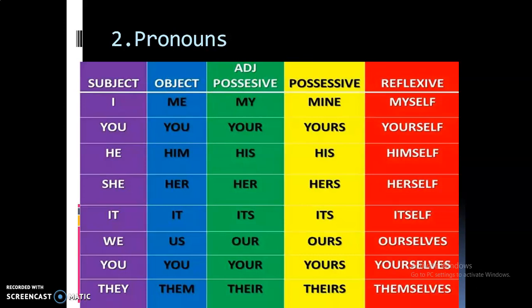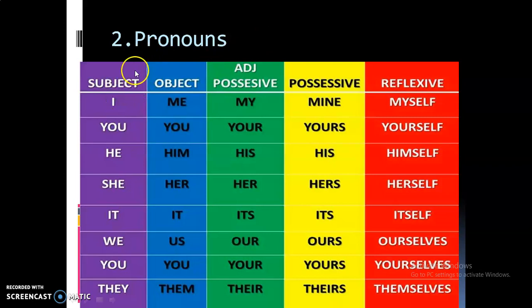Pronouns refer either to a noun that has already been mentioned or to a noun that does not need to be named specifically. For example, he, she, it, they, someone, who are pronouns. These pronouns can do all the things that nouns can do. They can be subjects, direct objects or indirect objects, objects of the preposition, and more.